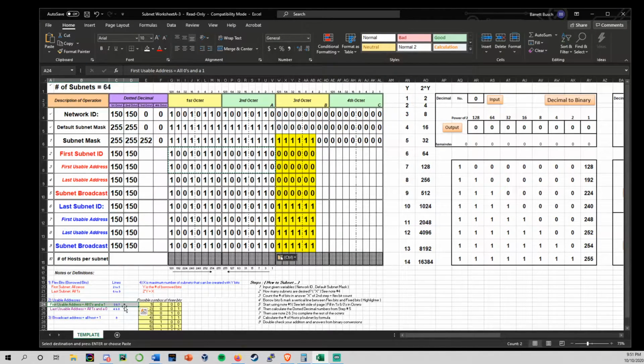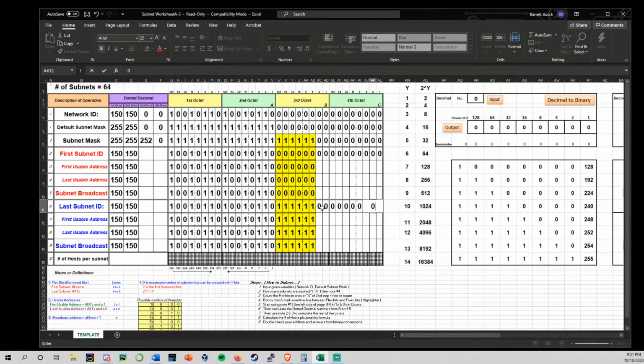First usable addresses, which is in this section, rows 7 through 10. We use all zeros and a 1. And actually, you know what I forgot? First with the subnet IDs, this is going to be all zeros. That's going to be the same for down here at the last subnet ID as well.